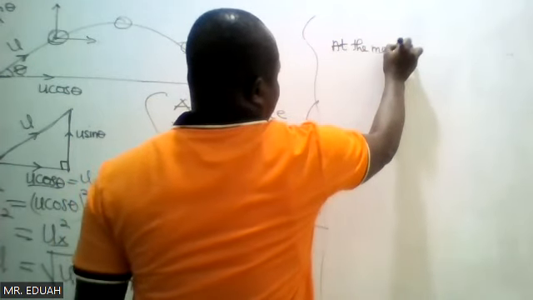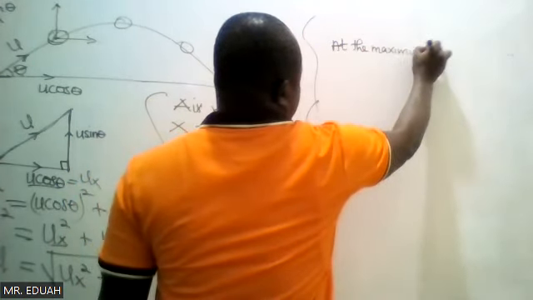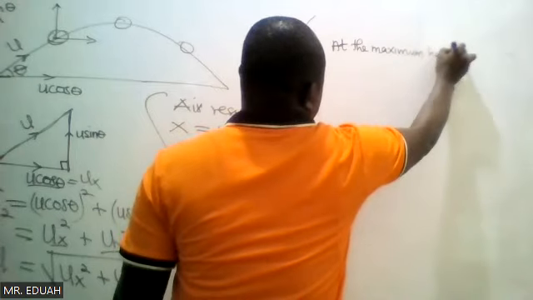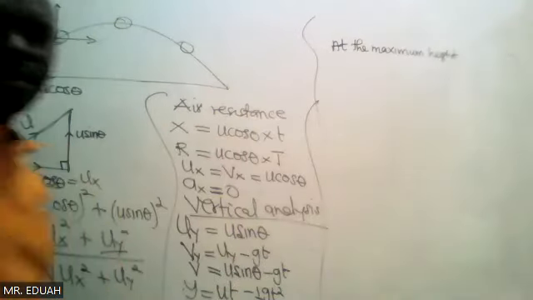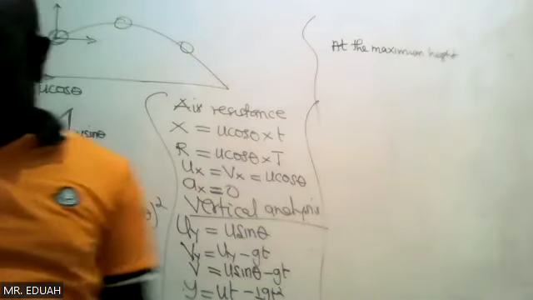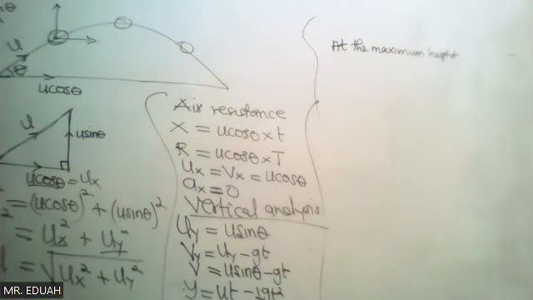Tell me. At the maximum height, the final vertical velocity Vy is equal to 0.